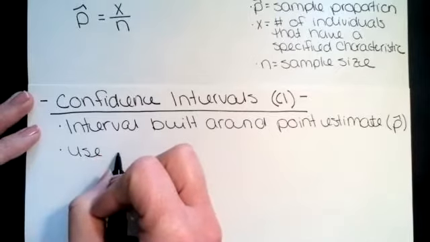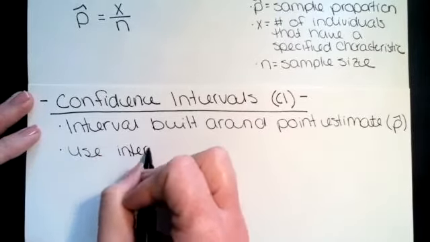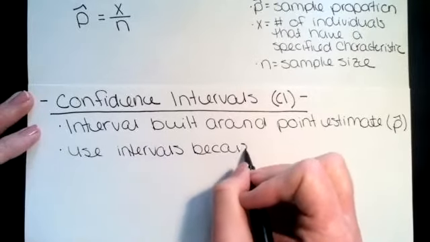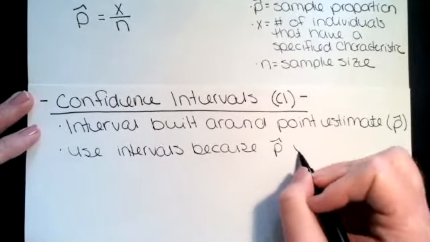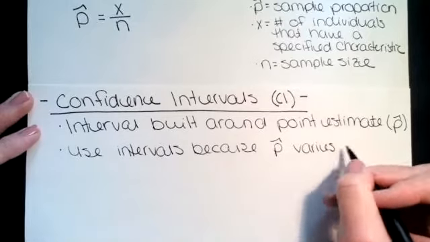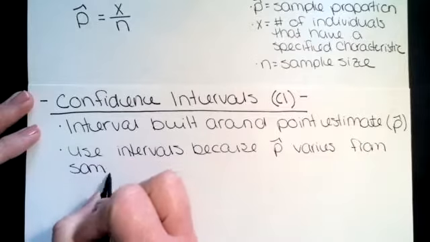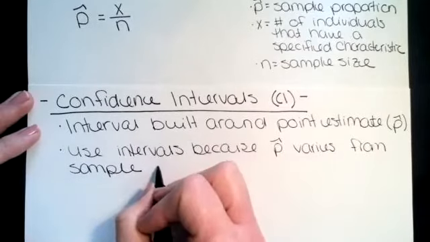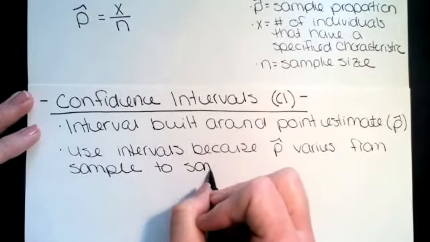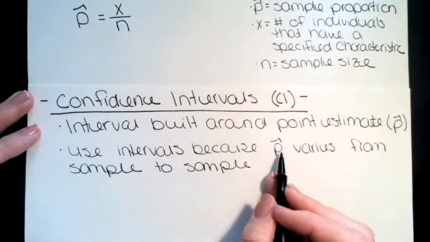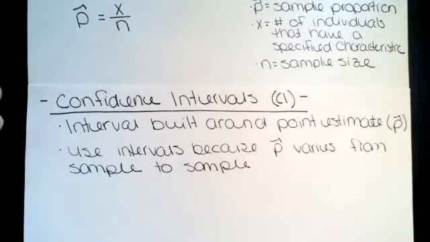We use intervals because p hat varies from sample to sample, right? We talked about this last week. My p hat will vary, right? The proportion of individuals who said yes to the question is going to vary based on my sample, right?